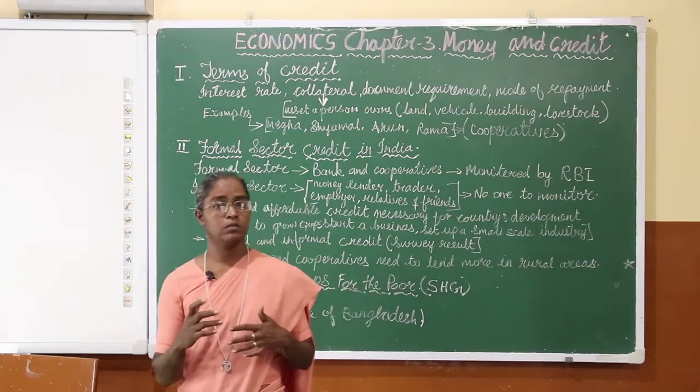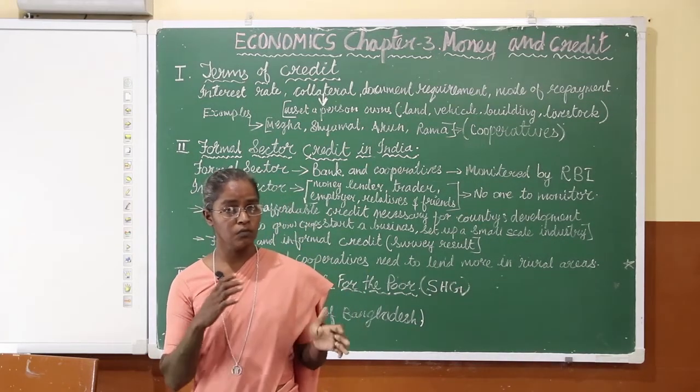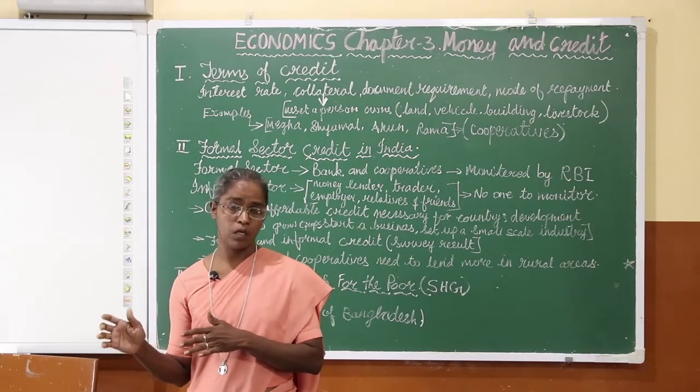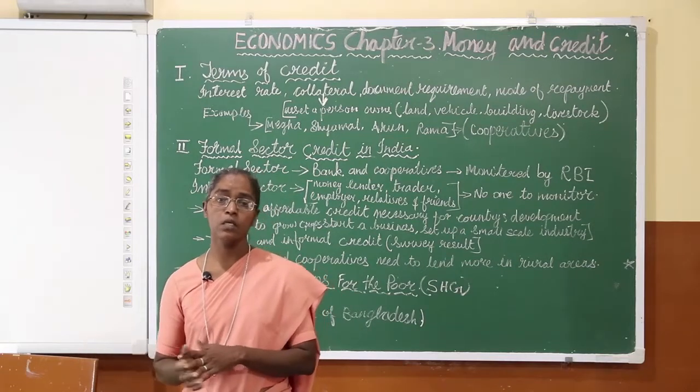And when the terms which they have to fulfill for the bank are taken into consideration, then they are able to help these people who are going to the informal sector for credit.